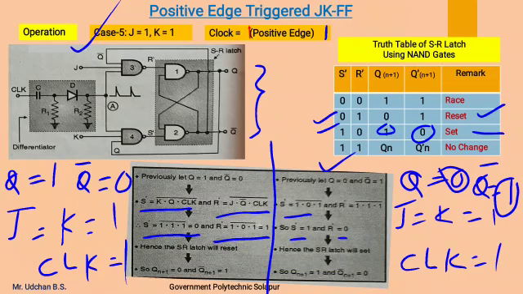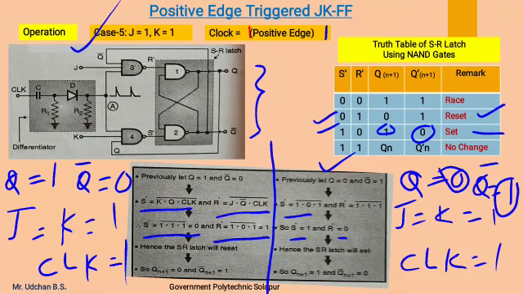So this is how at every edge of the clock the output is going to shuffle between the set and reset state. Initially, if we consider the previous output status as reset, it will convert into the set state at the positive edge of the clock pulse. Again in the next positive clock edge, if the output is in set state, it is going to convert into the reset state.